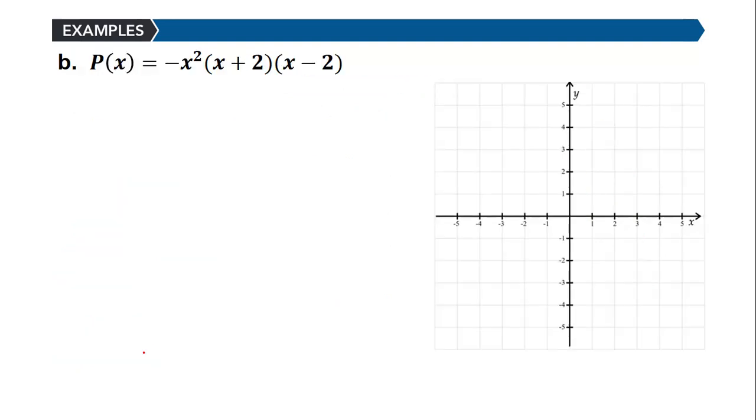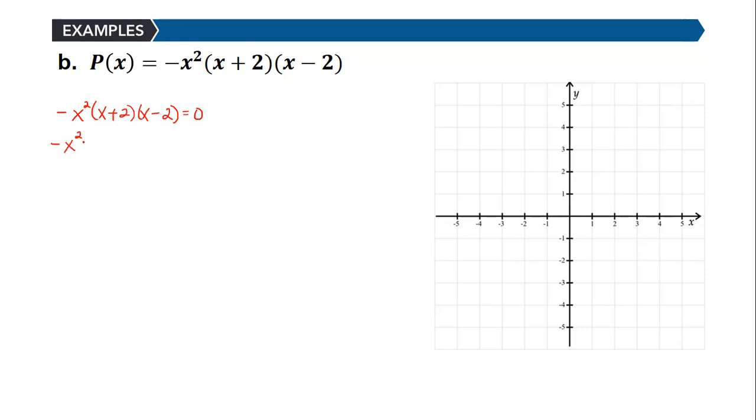Then let's look at p(x) = -x^2(x + 2)(x - 2). To find the zeros, we will set this function equal to 0, so -x^2(x + 2)(x - 2) = 0.